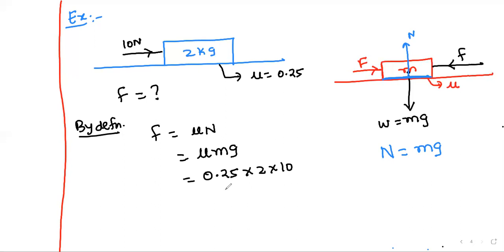So it will be 2.5 into 2, approximately 5 Newton. That means F max, the maximum value of frictional force, will be 5 Newton.